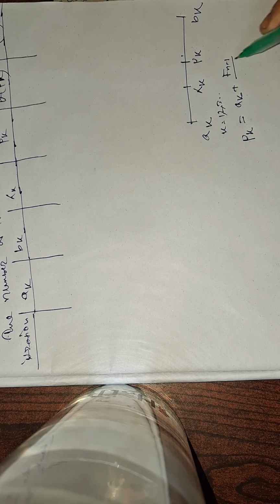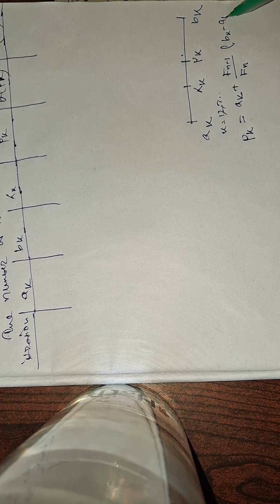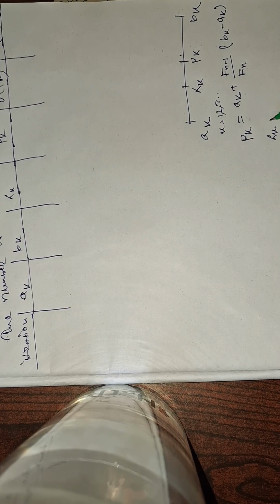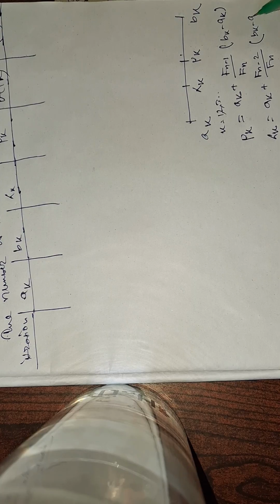So how can we find the value of mu k? Mu k is equal to ak plus f of n minus 1 by f of n into (bk minus ak). This is the formula. And lambda k is equal to ak plus f of n minus 2 by fn into (bk minus ak).